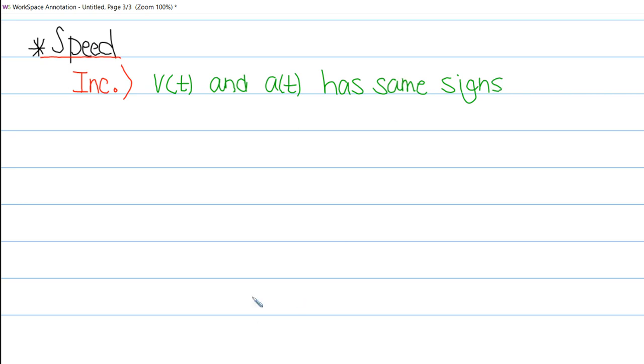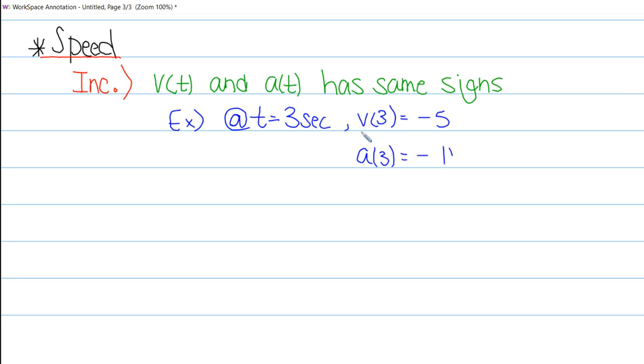Here's what I mean by that. Let's say, for example, at time equals 3 seconds, my velocity at 3 was -5, and my acceleration at 3 was -11. Do you see how both of these have negative signs? So therefore, at time equals 3, speed was increasing.